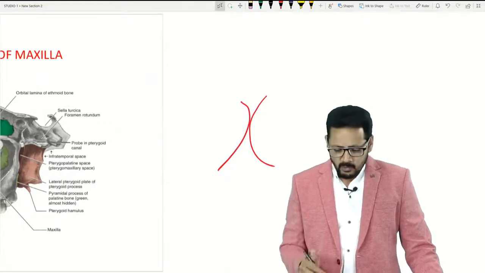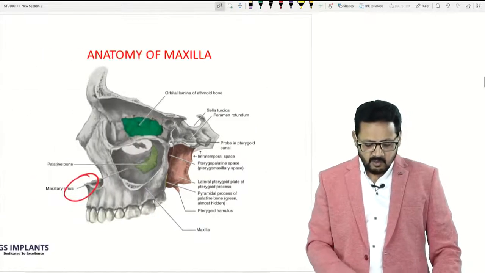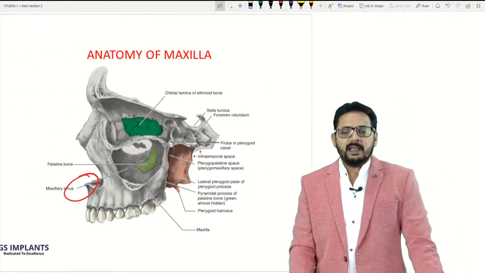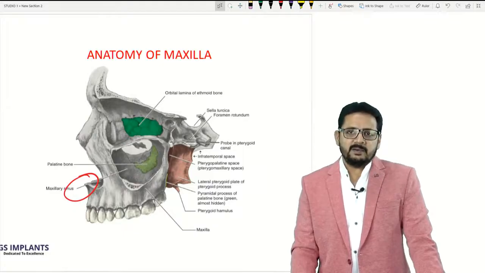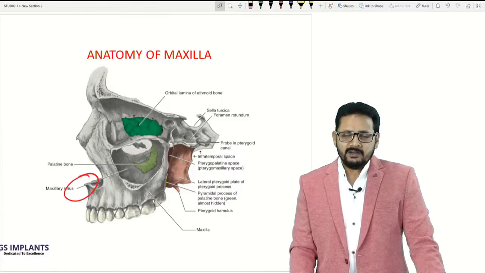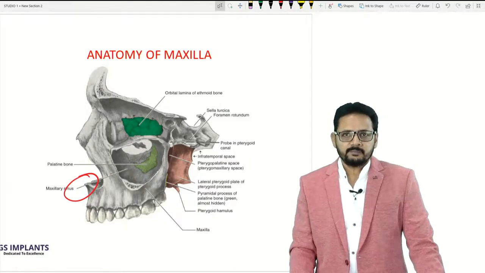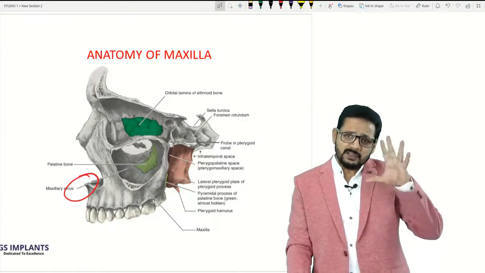So that time, what you can do is take advantage of the ANS, the anterior nasal spine. You can actually place an implant on the other side into the ANS, because anterior nasal spine is a very thick cortical bone. It is nothing but a cortex within a cortex.